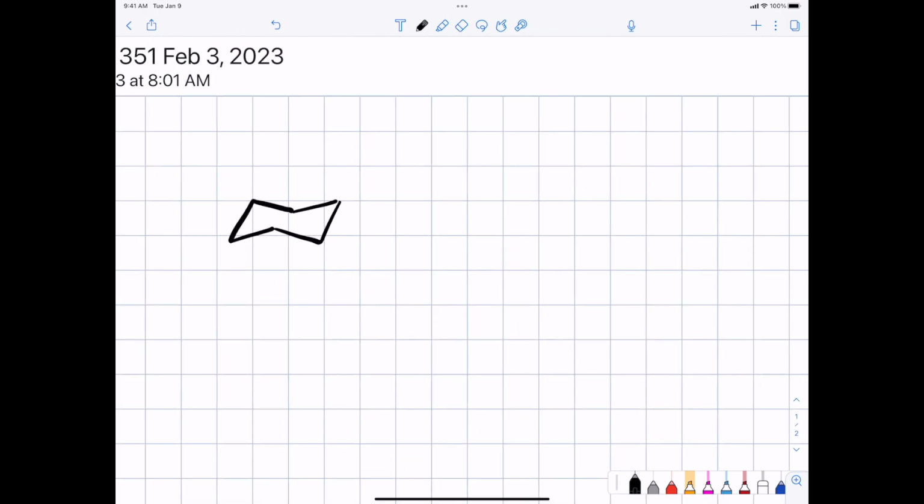I could angle my lines like this. I could also do this. That's kind of ugly. All right.